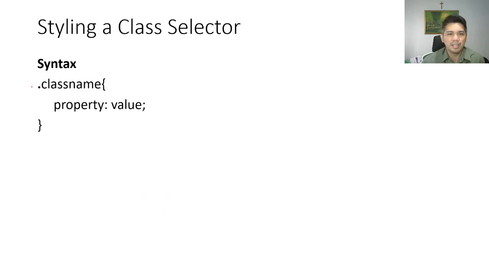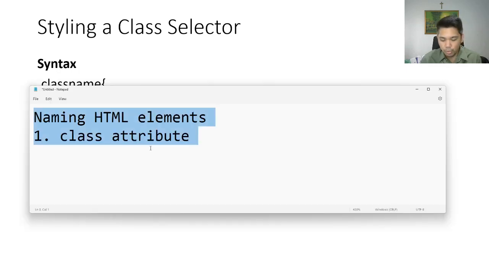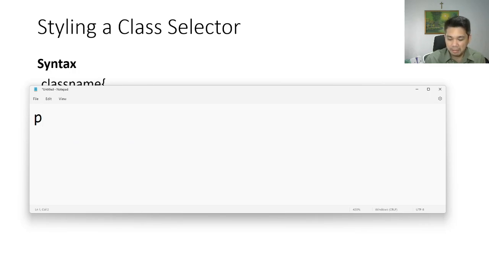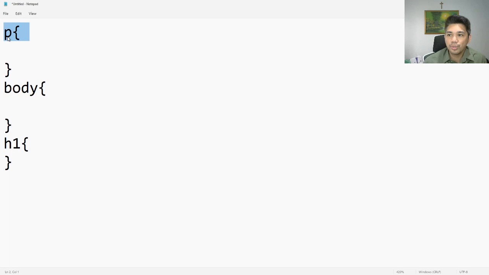So it looks like this. It's very, very much the same with regular selectors, when we do selectors like P or body or H1. So those are the selectors that we normally use.